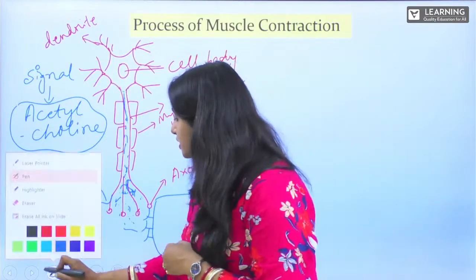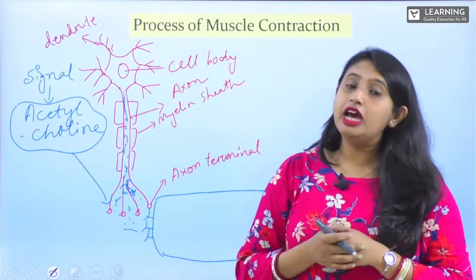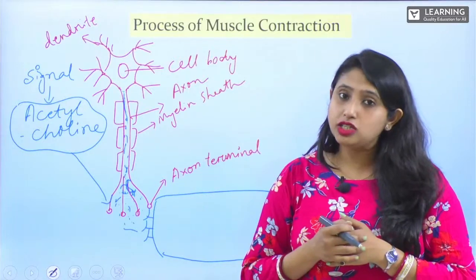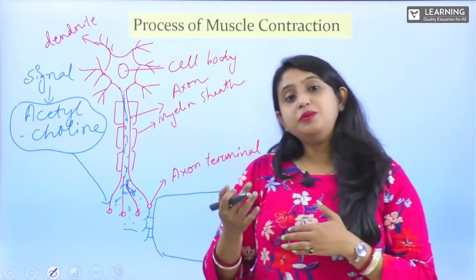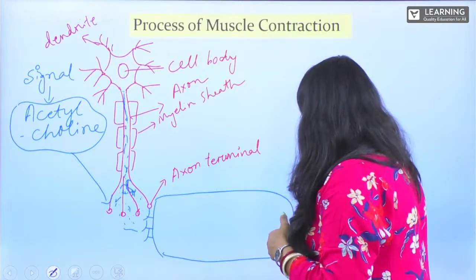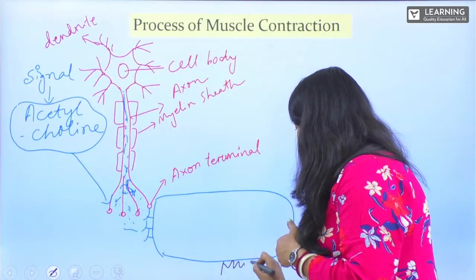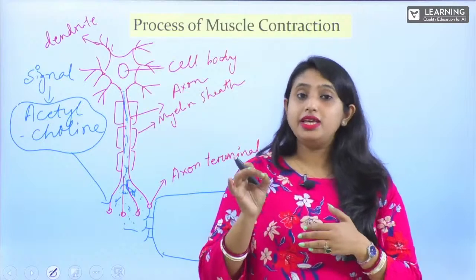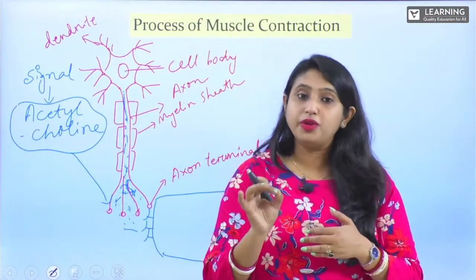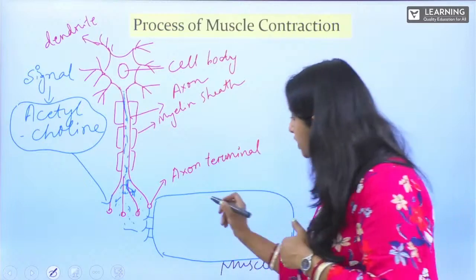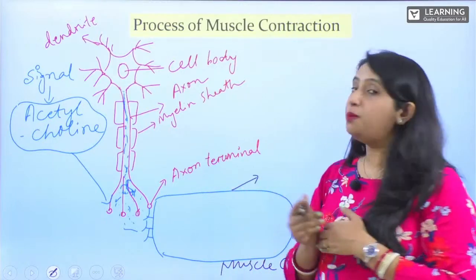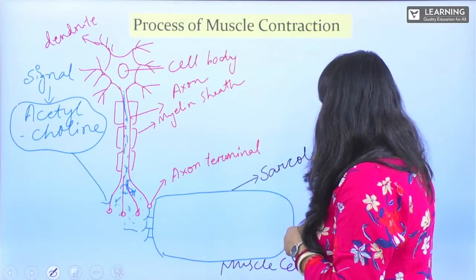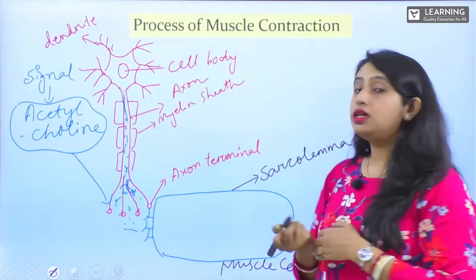Inside the muscle cell, different cell organelles will be present. As you know, every cell has a plasma membrane, right? Similarly, this muscle cell also has a plasma membrane, but in the muscle cell, the plasma membrane is known as sarcolemma. Clear?